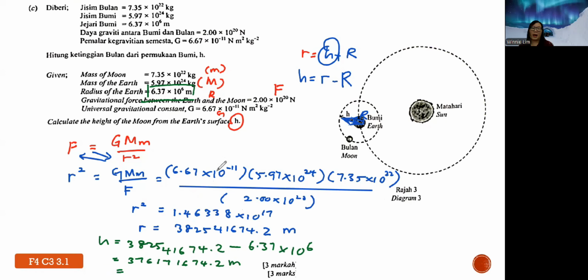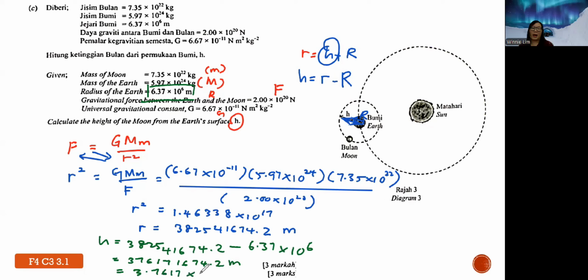I always say chapter 3 generally is not hard, but a lot of times students cannot score because when they insert the values, the power is wrong, they forget to put negative, or forget to square root. All this is because of lack of practice. So whenever you do this chapter, it's a bit time consuming, but just do as much as you can.